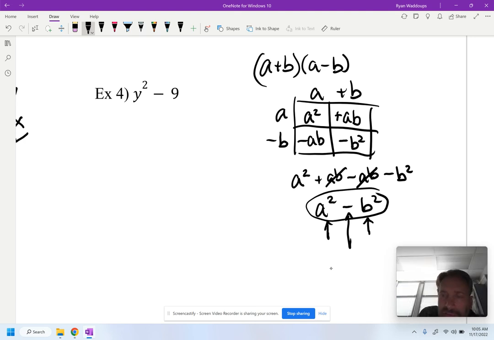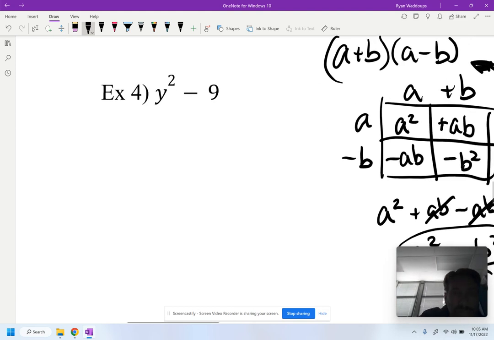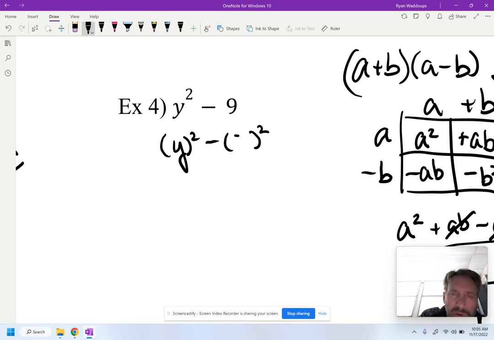And so I've got a difference of squares, and when I factor them, if I go backwards, I get conjugate pairs, which means I can take y squared minus 9 and write it as something squared minus something else squared. And obviously the first one is y squared is y quantity squared is y squared. But then I say to myself, what squared is 9? And I put 3.